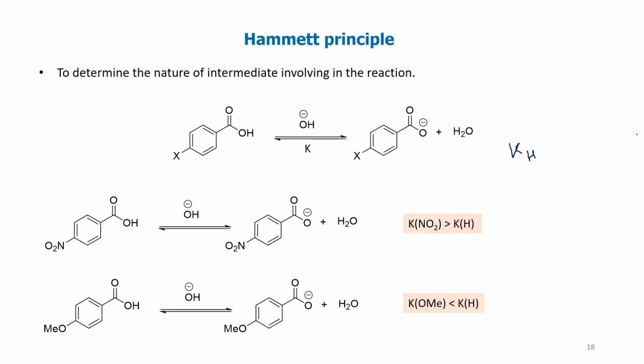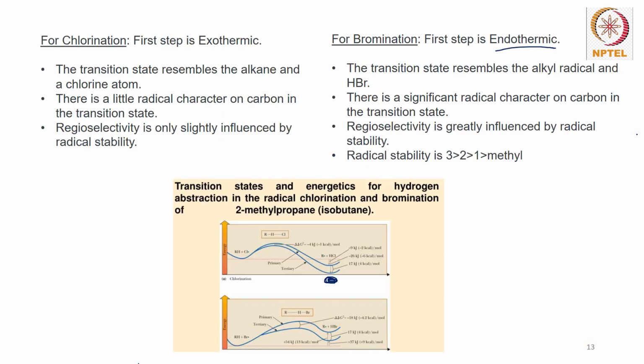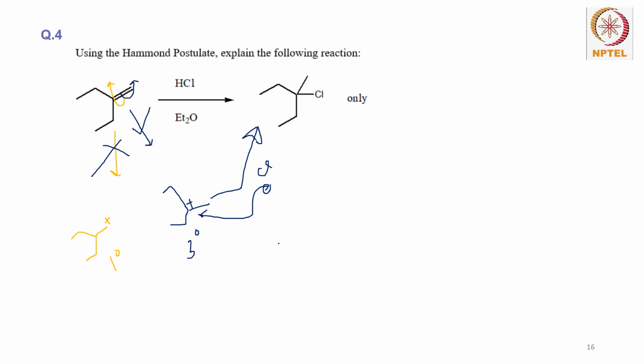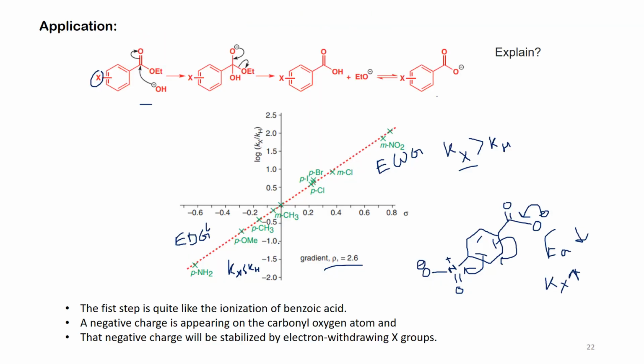From the Hammond diagram you can see, we took just a simple reaction: as the stability decreases, the energy will increase, so the activation energy also increases.